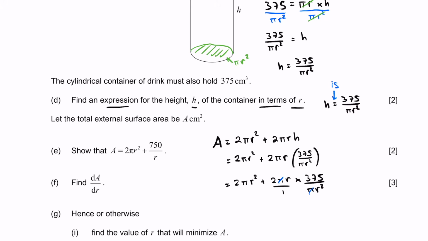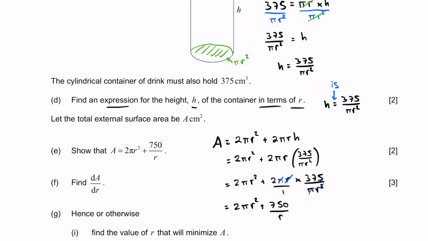So we can cancel out one of those r's. So cancel out this r, and then we'll cancel out this r right here. And in the end, what we'll have is 2 pi r squared plus 2 times 375 is 750, 750 over r. And that's what we have here.